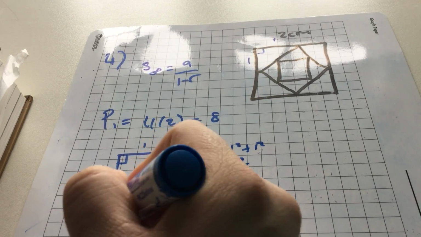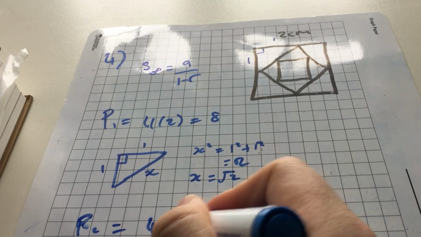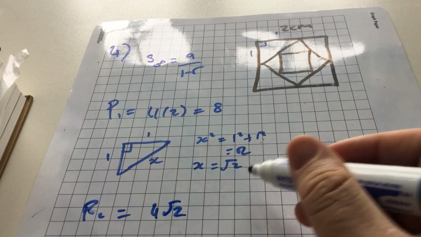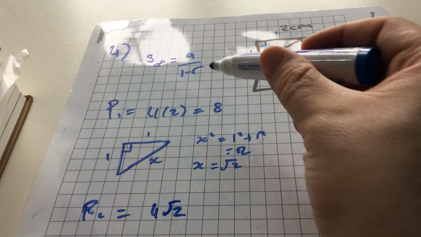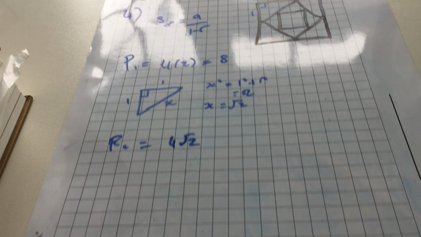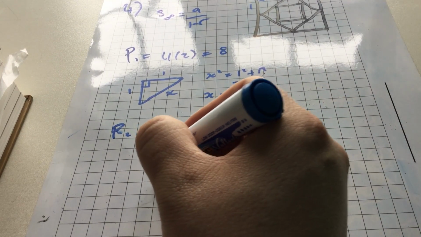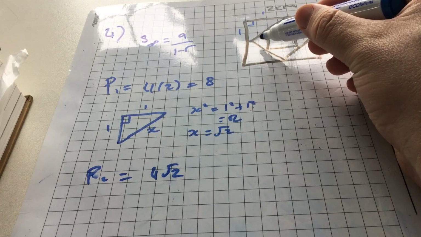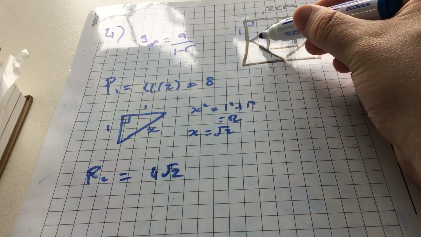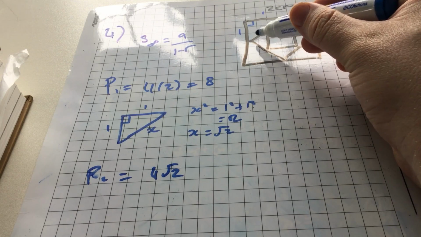So that means perimeter 2 is 4 root 2s. Now that's probably enough, because if it says to infinity, you can assume it's going to be a geometric sequence. I'll do one more to be safe. So now what I have is, if this is root 2, that means this length here is a half root 2.